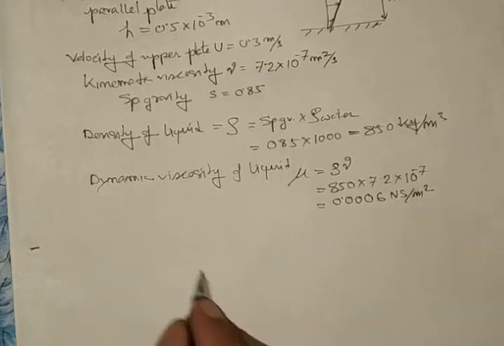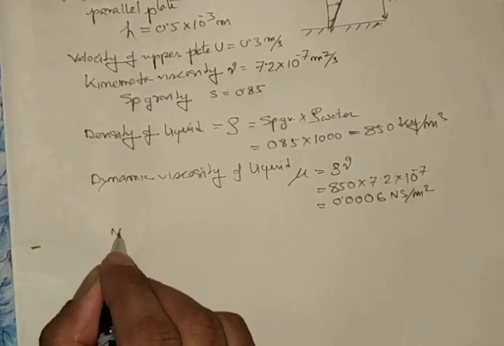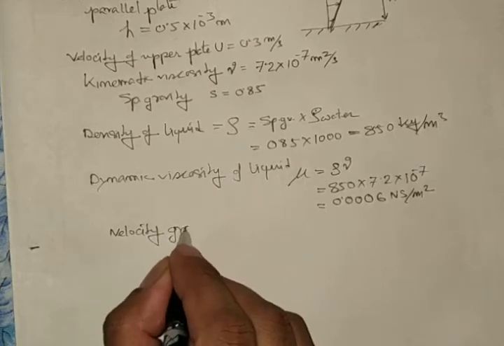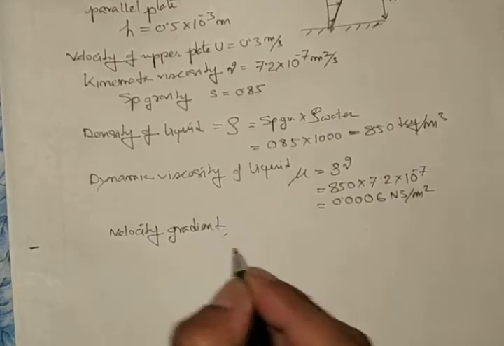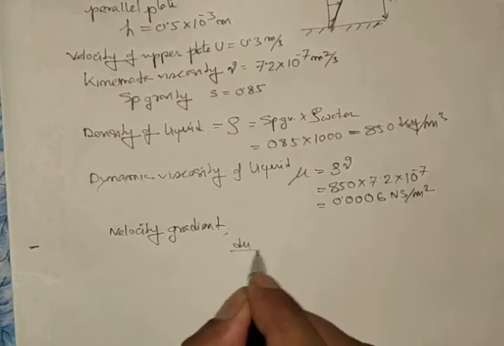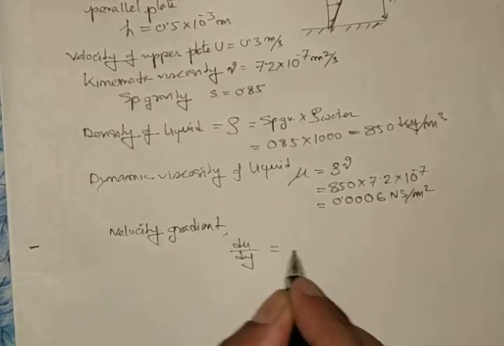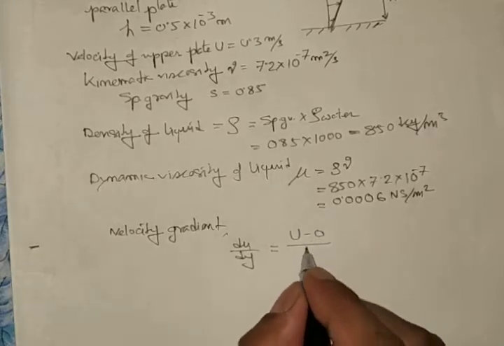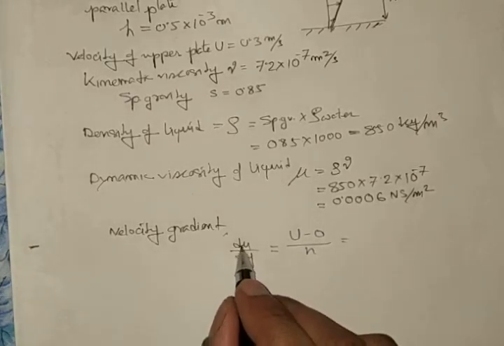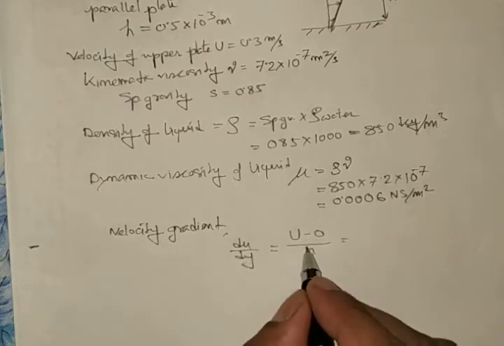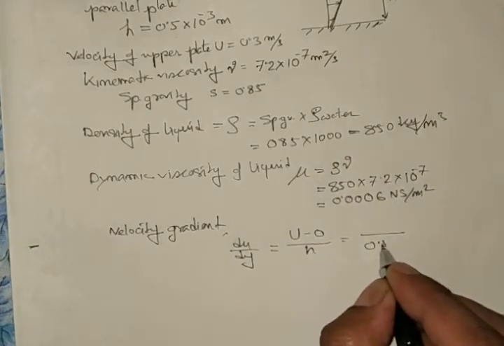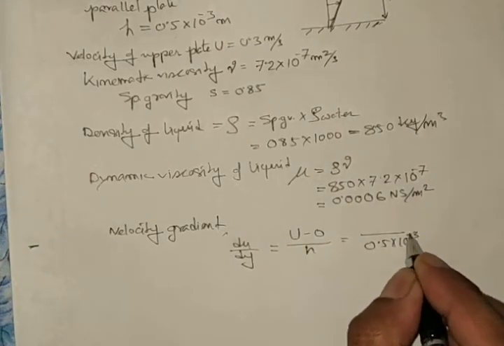At first find the velocity gradient. Del u by del y is equal to capital U minus 0 divided by h, so basically change in velocity and change in distance. The distance between these two is 0.5 into 10 to the power minus 3.